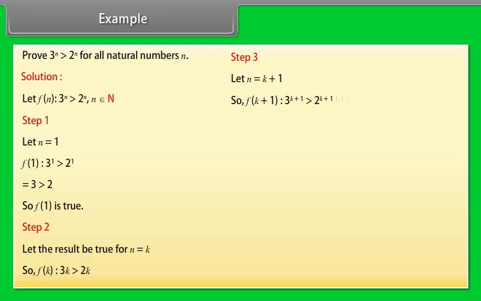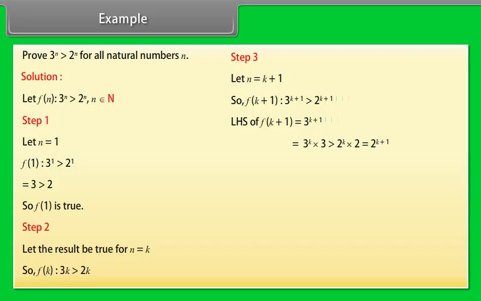So, f of k plus 1: 3 raised to power k plus 1 greater than 2 raised to power k plus 1. LHS of f of k plus 1 is equal to 3 raised to power k plus 1, which is equal to 3 raised to power k into 3, which is greater than 2 raised to power k into 2.